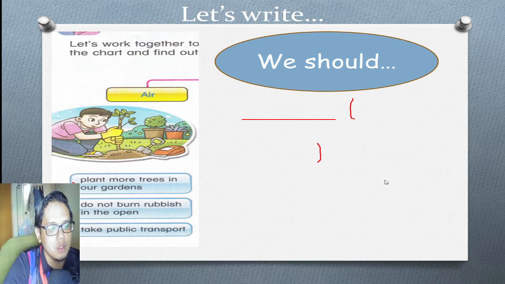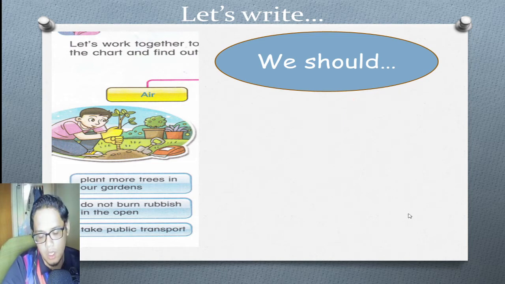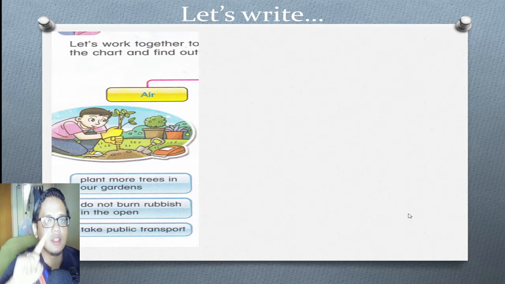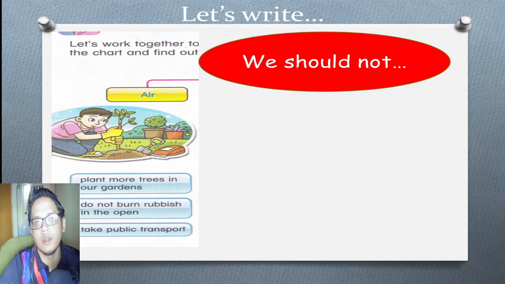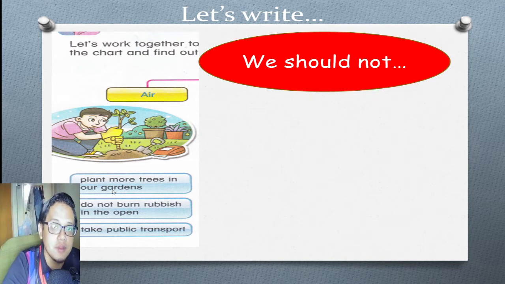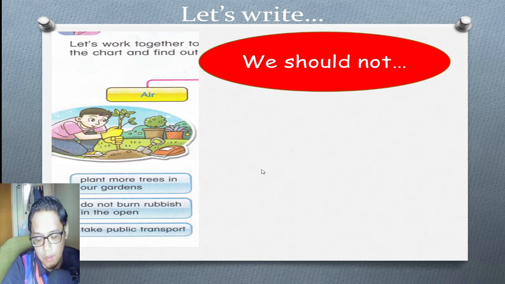Next one, I will show you how to write if it's a negative statement. No, cannot do that, so we should not. Now in this one, can you tell me where the negative statement is? Yes, of course, this one: do not burn rubbish.